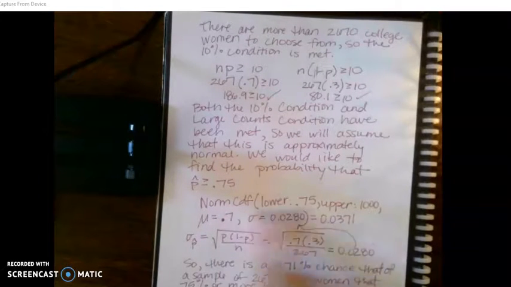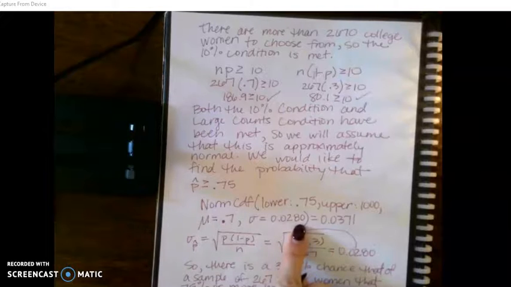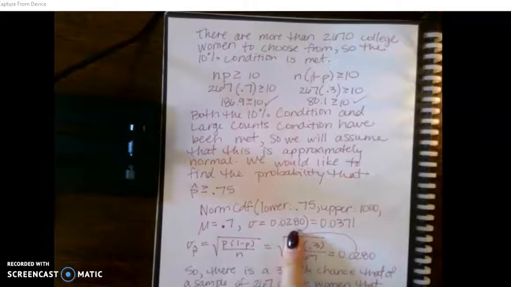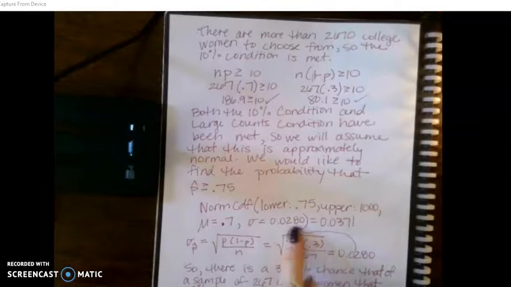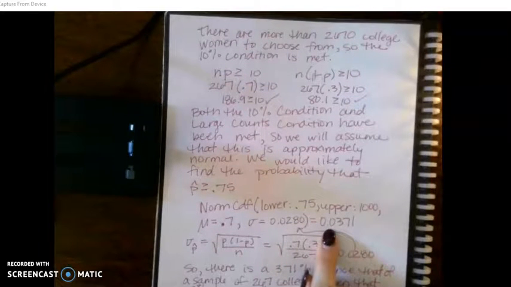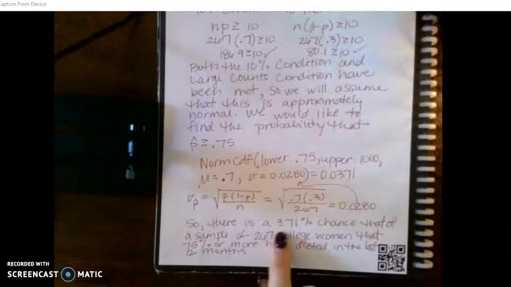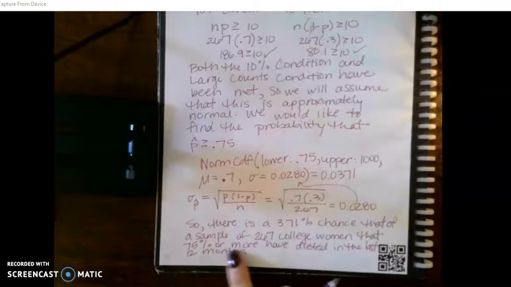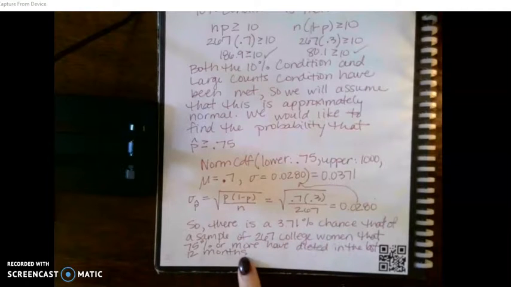So we plug this in on our calculator: menu, statistics, distributions, normal CDF. And we get 0.037. What that's saying is there is a 3.7% chance that of a sample of 267 college women, 75% or more have dieted in the last 12 months.